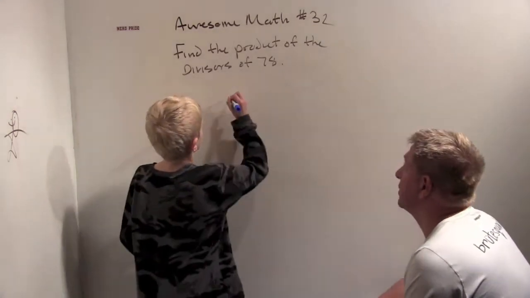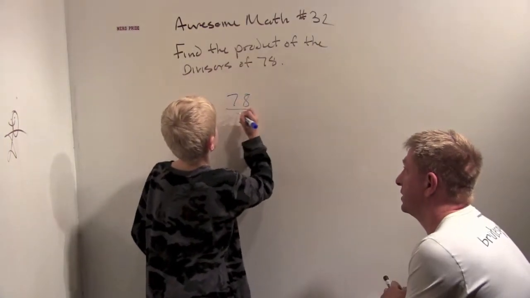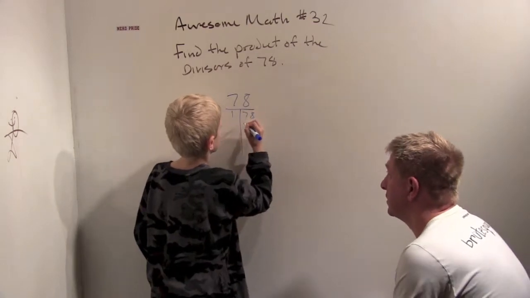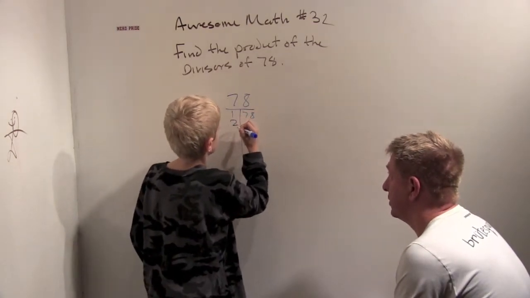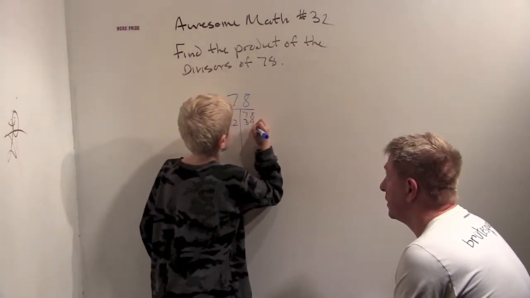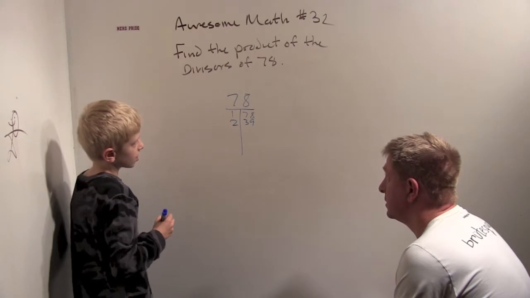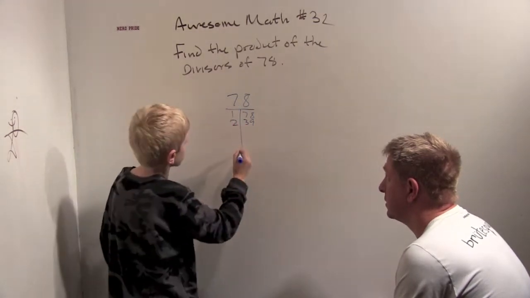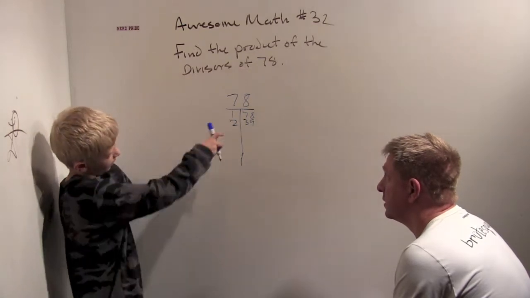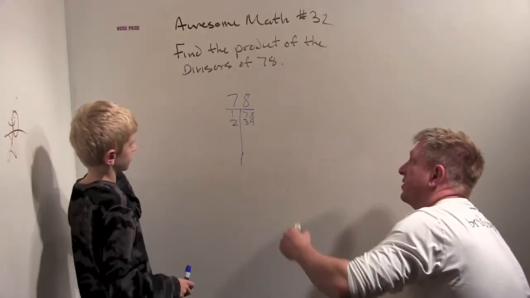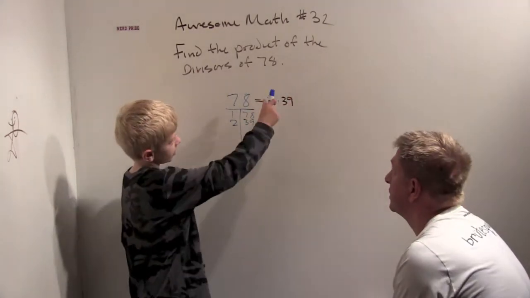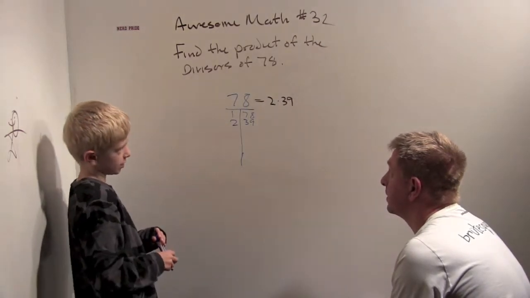Well, first you find the divisors of 78. 78 is 1 times 78, 2 times 39. Well, maybe we could factor. What does 39 factor into? You already know it's 2 times 39. 39 is 3 times 13.